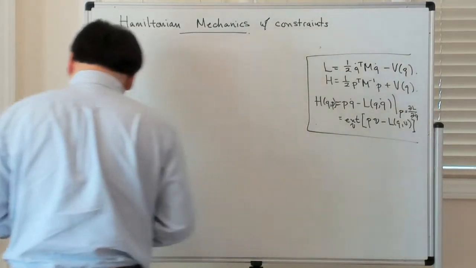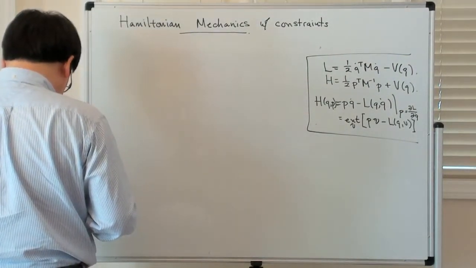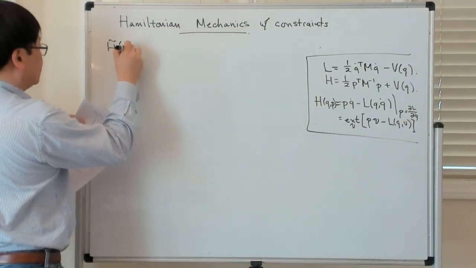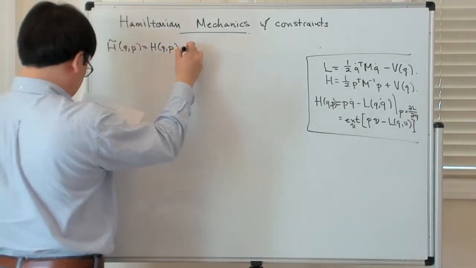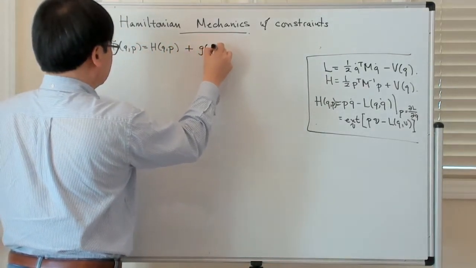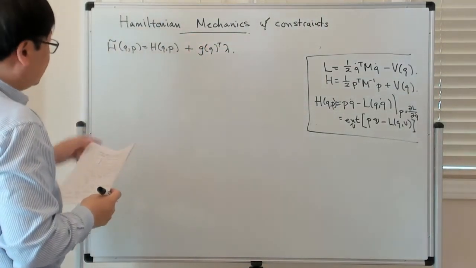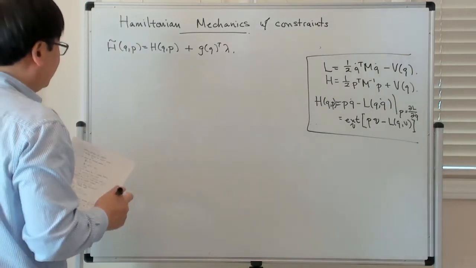All right. So let me just rewrite the augmented Hamiltonian. H tilde of Q, P is H of Q, P plus G of Q transpose lambda. And of course, you can write down the corresponding formulation of the constrained Hamiltonian system.